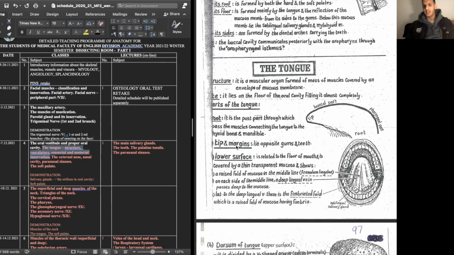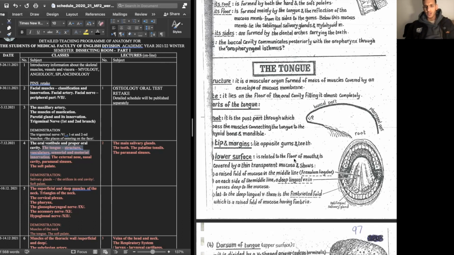Its tip and margin lie opposite to the gums and teeth. So what this means is that the tip can touch every part of the gums and teeth within your mouth.